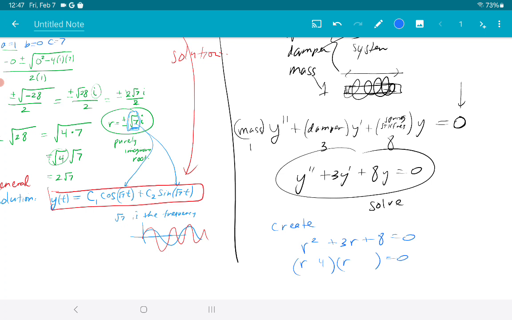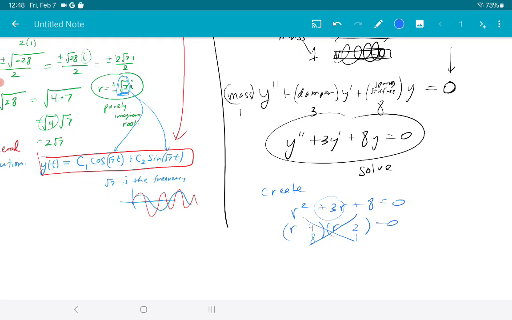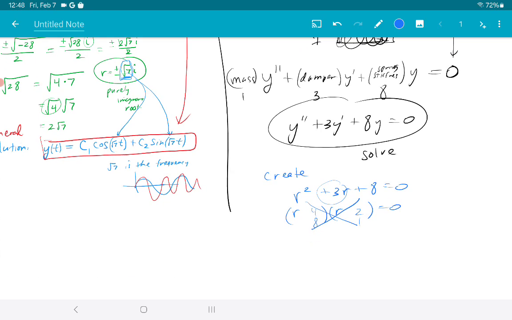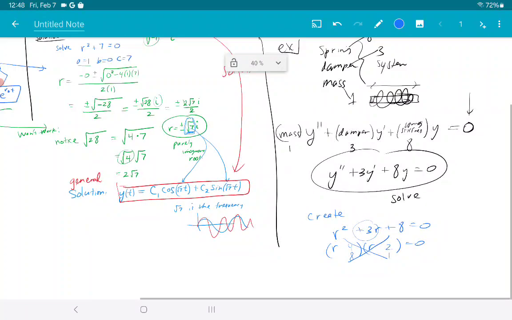So you could try 4 and 2, or you could try 8 and 1. No matter what you try, you'll find that you can't get the middle term to equal 3r. So we failed. It's not going to factor. This one actually doesn't factor. I chose it so it wouldn't factor. So that's okay. We'll just use the quadratic formula.